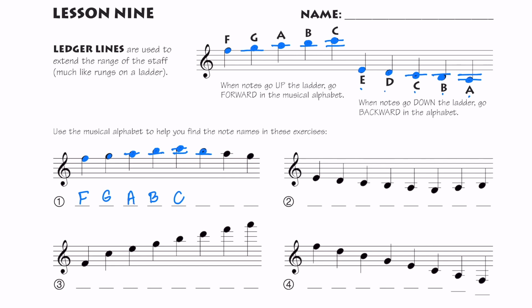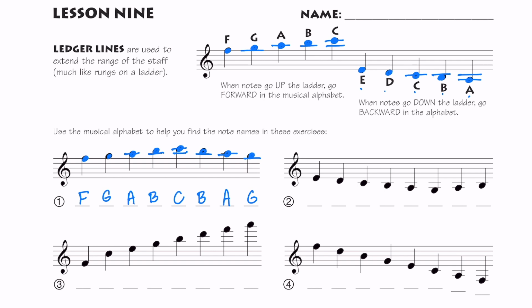In that space between the 2 ledger lines, B, here's my ledger line, A, and then right above the staff is G. It takes a little bit of time to get used to climbing a ladder, F, G, A, B, C, okay?